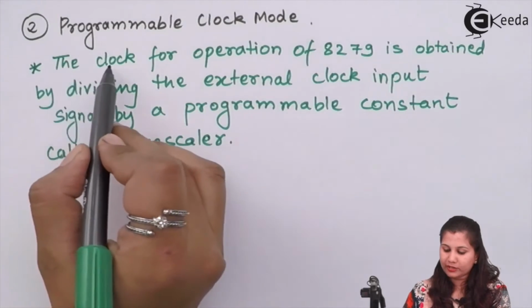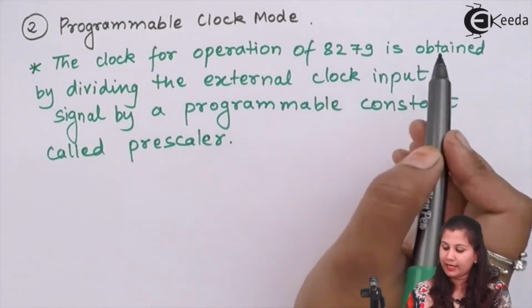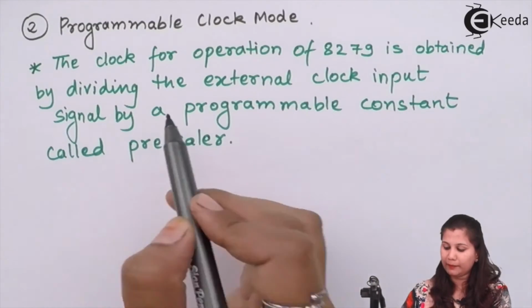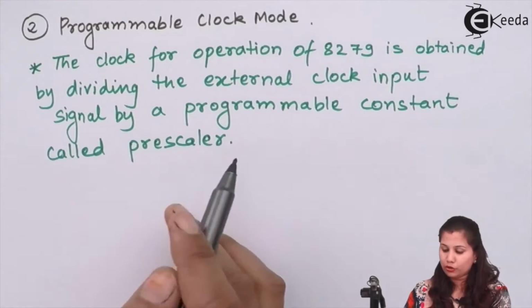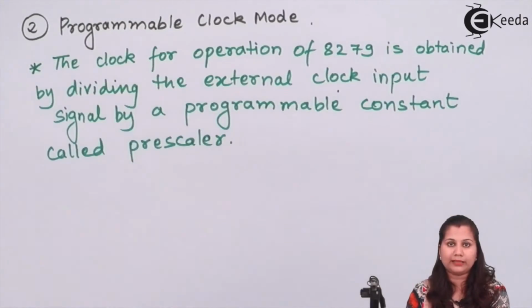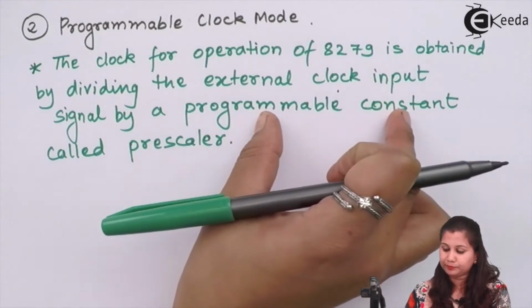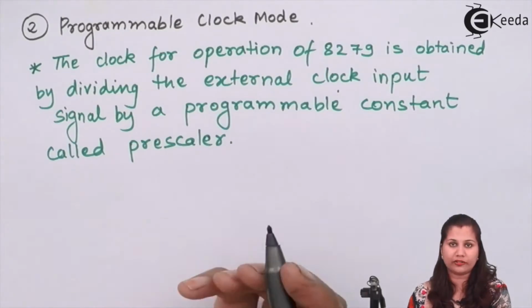So here it is written that the clock for the operation of 8279 is obtained by dividing the external clock input signal by a programmable constant called prescaler. So this external clock input is provided by the crystal, so that frequency will be divided so that the input clock frequency is generated.